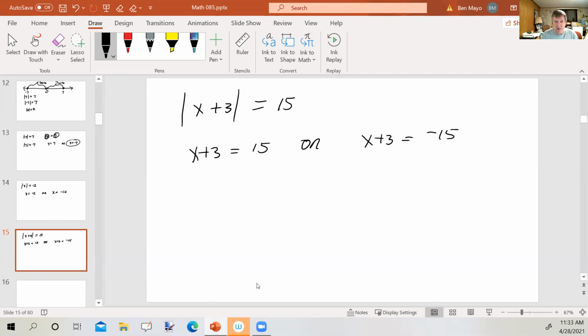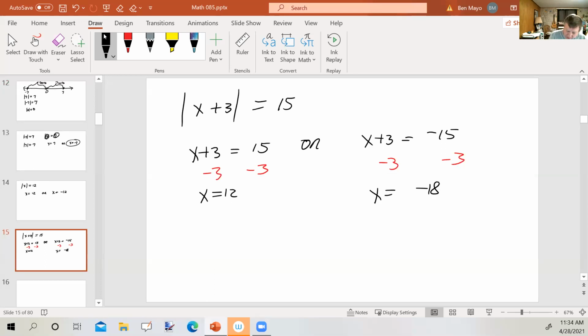If x plus 3 equals -15, the absolute value of -15 is 15. But now we can go further and solve each of these equations for just x. The first equation, subtracting 3 from both sides, we get x equals 12. The second equation, subtracting 3 from both sides, we get x equals -18.